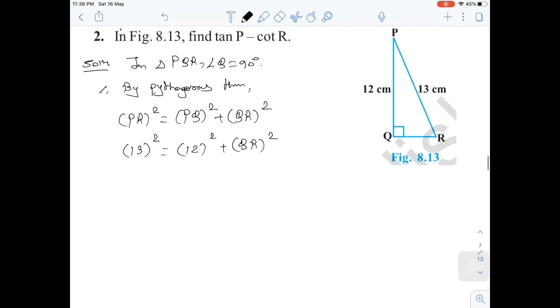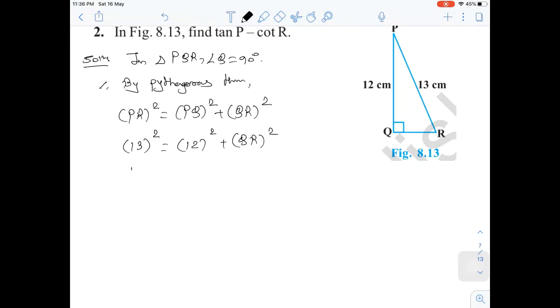Now let us write the square of these numbers. 13 square is 169 equals 12 square, 144, plus QR square. Now let us change the side of this 144. So we get 169 minus 144 equals QR square.